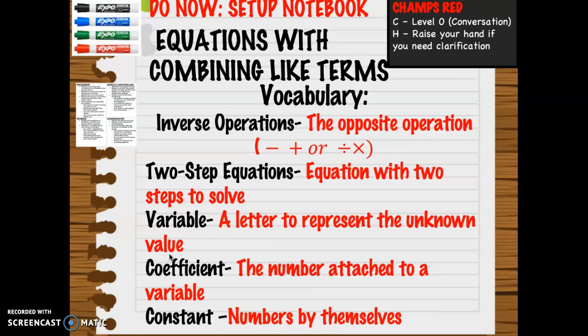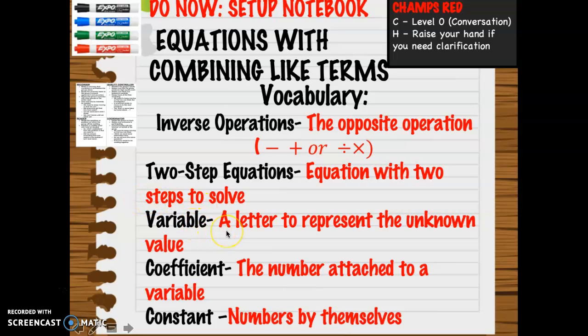This whole Unit 4 has a lot to do with multi-step equations. You have to know what inverse operations are. That's a step that we use to undo a two-step equation. So if you have subtraction, the opposite is addition and vice versa, or division and multiplication and vice versa.